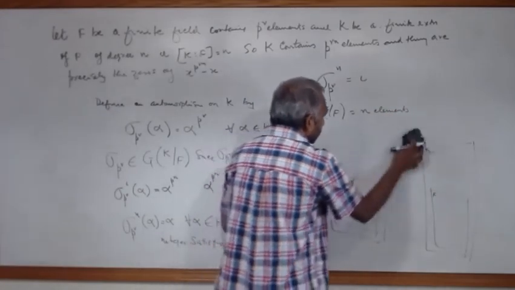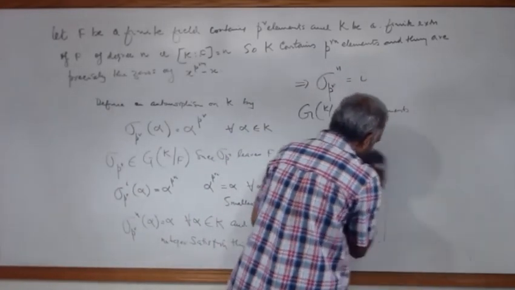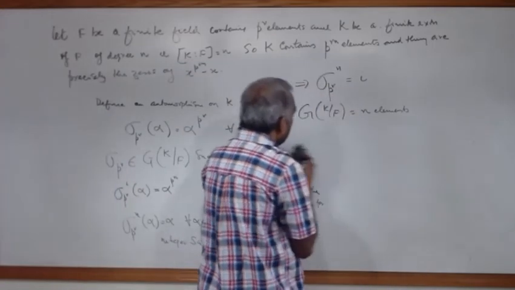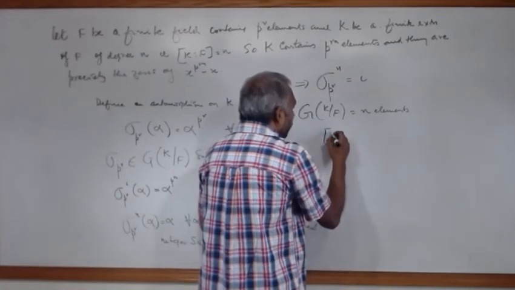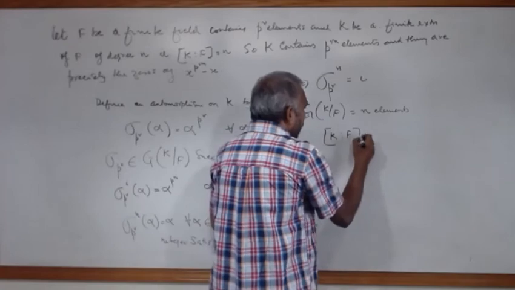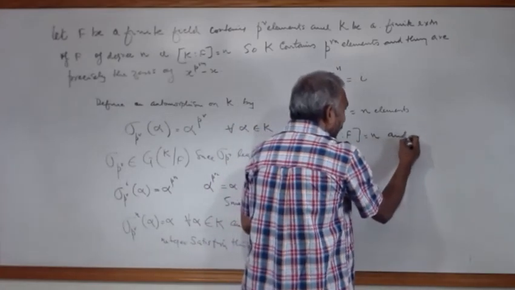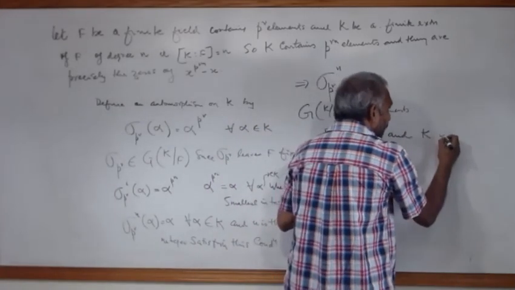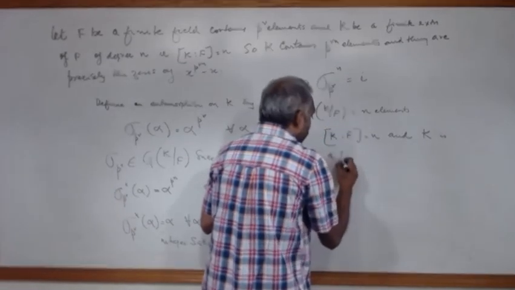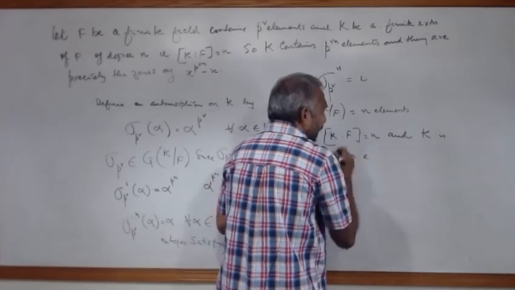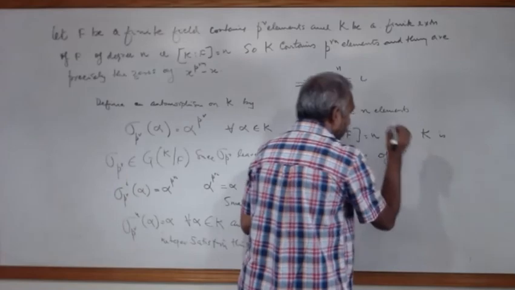Why? Because the degree of K over F is equal to n and K is a finite normal extension of F.